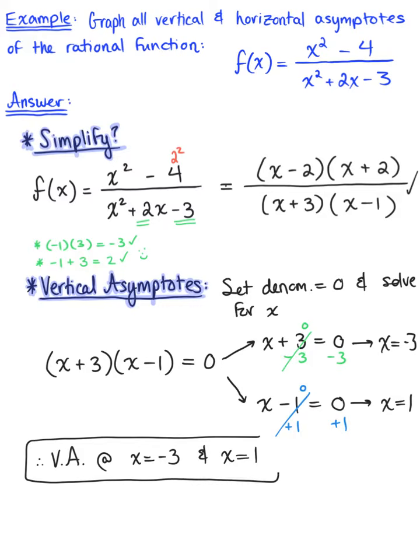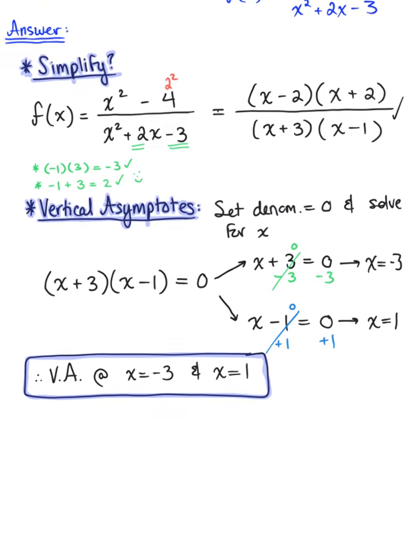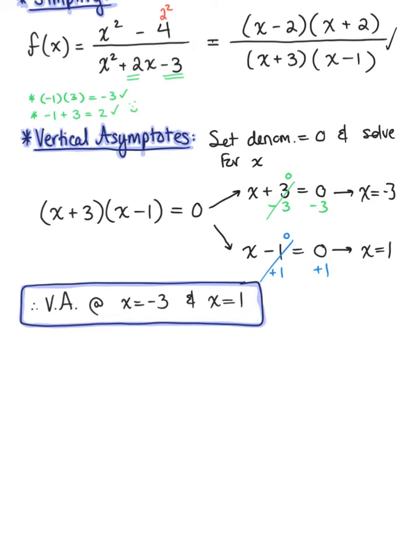So we'll keep that in mind when we go to sketch these asymptotes. But first, we need to find if any horizontal asymptotes exist. Remember, with horizontal asymptotes, we compare the degree of the leading term in the numerator to the degree of the leading term in the denominator.